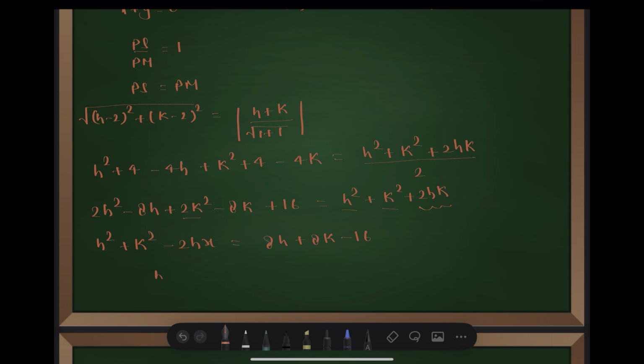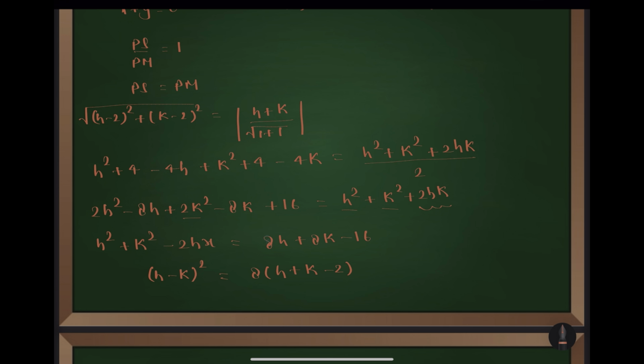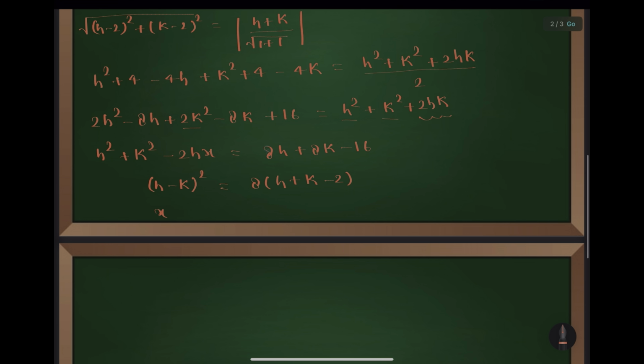So look at this, (h minus k) whole squared is equal to 8 common, (h plus k) and then minus 2. Now replace h with x and k with y, so (x minus y) whole squared equals 8 times (x plus y minus 2). So this is our equation of the required curve. I hope the idea is clear.